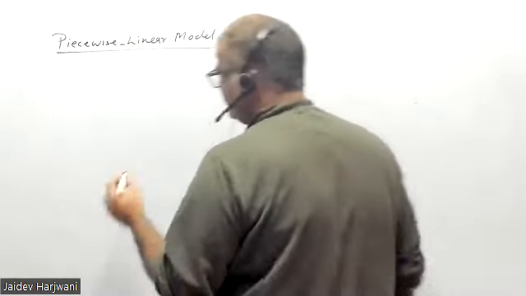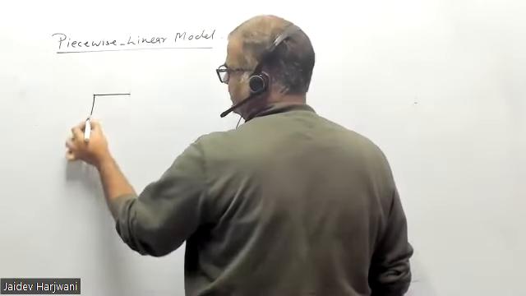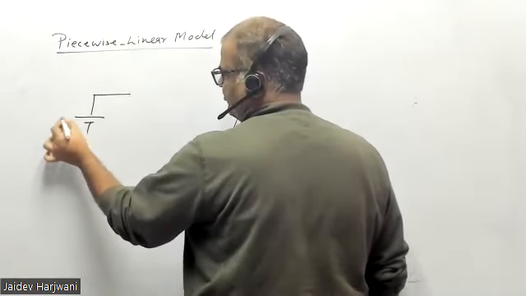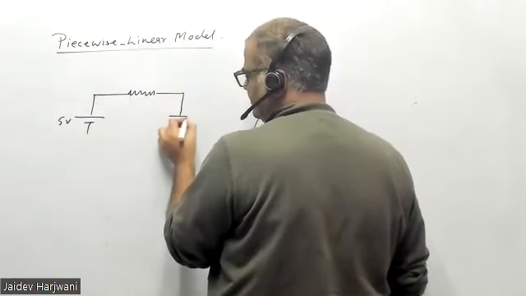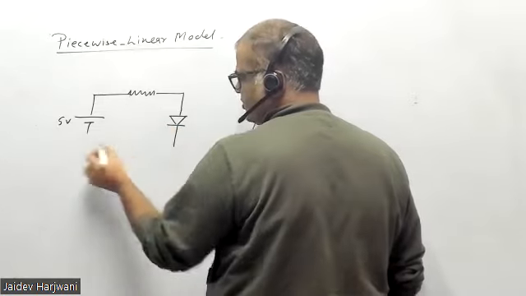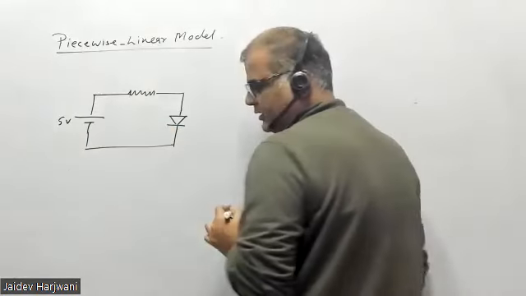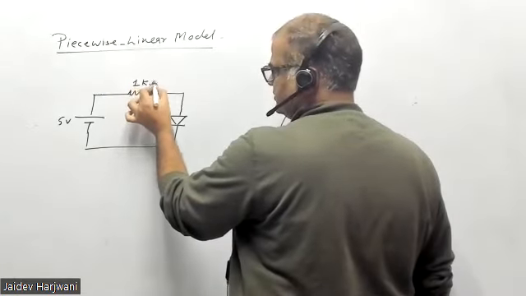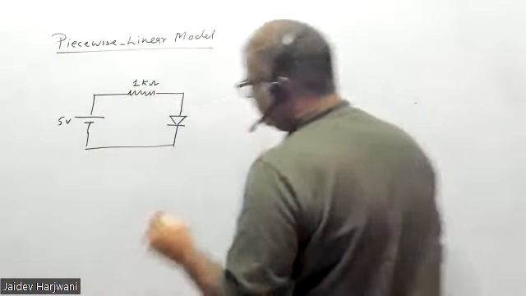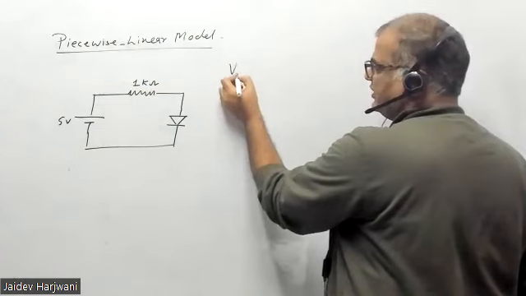So now let us say you have a 5 volt source, you have a resistance here, and you have been given a diode, and the resistance value is 1 kilo ohm, and the diode has a cutoff voltage V gamma.